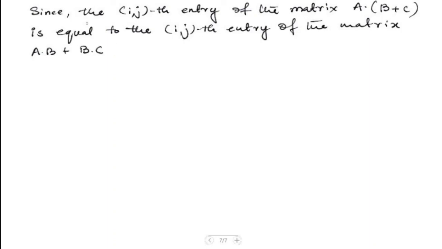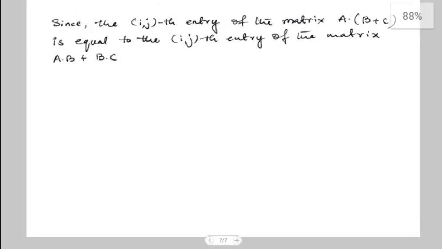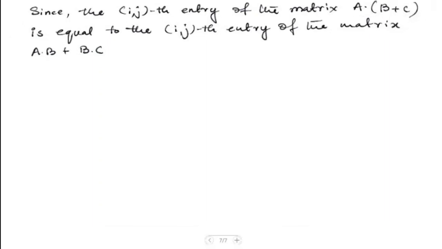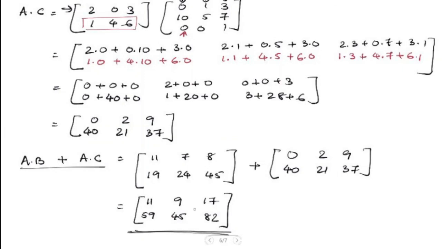So since the i, jth entry of the matrix, this one here, is equal to the i comma jth entry of the matrix, this one here, for all i, that is for all the rows. If you see here, we have two rows and we have 3 columns.